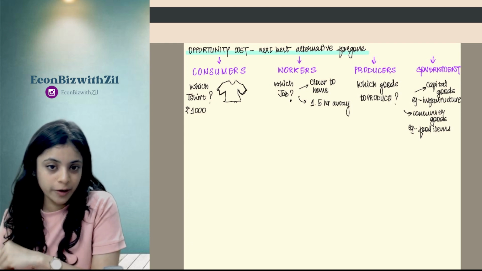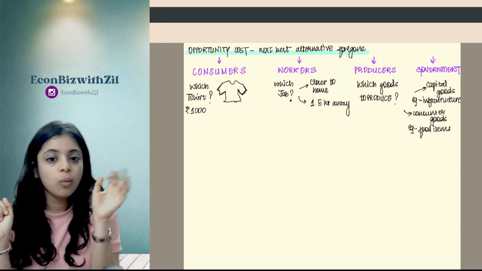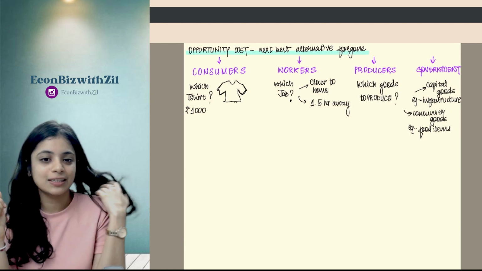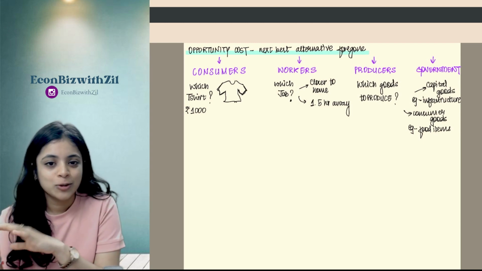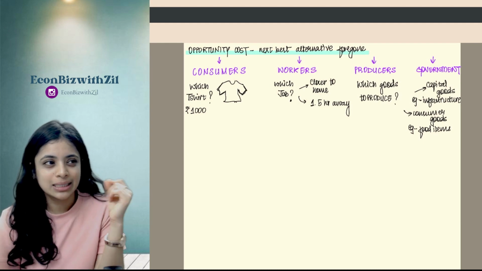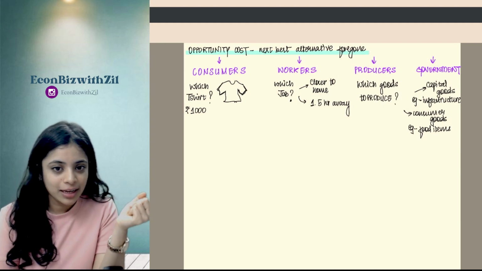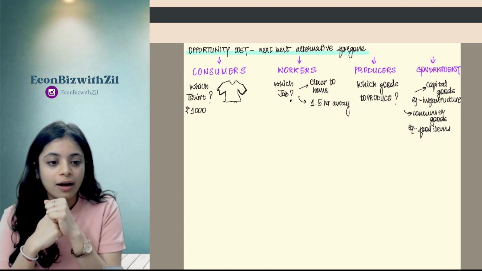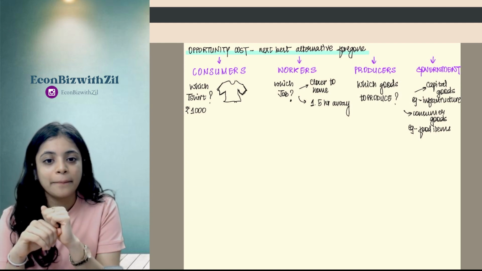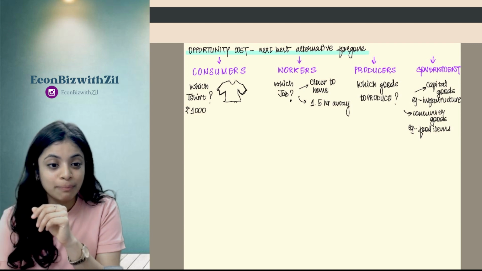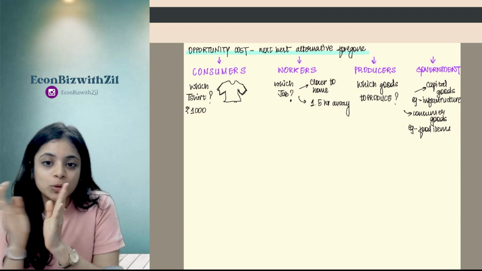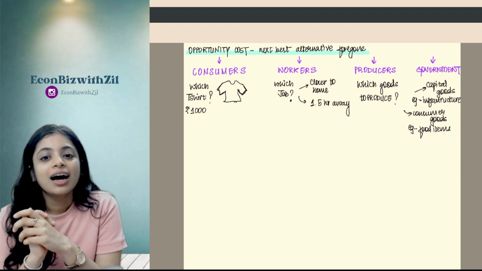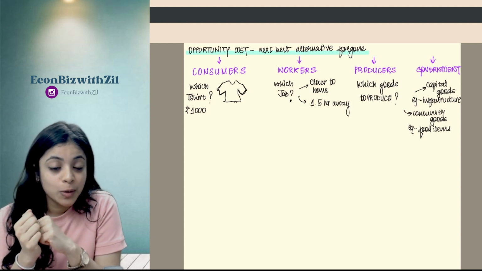That's my opportunity cost. So if I have two shirts, one is red and it's cotton. The next one is blue and it's nylon, not a very comfortable material. So if I'm choosing the red one, which is cotton, my opportunity cost is the blue in nylon, which I'm foregoing.